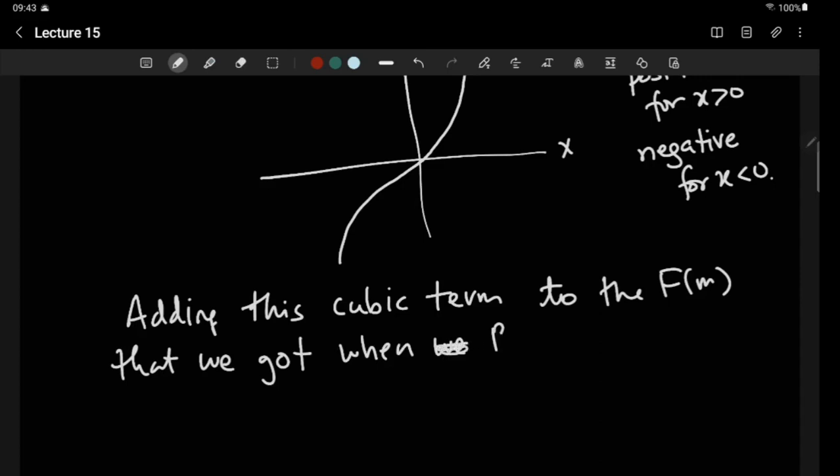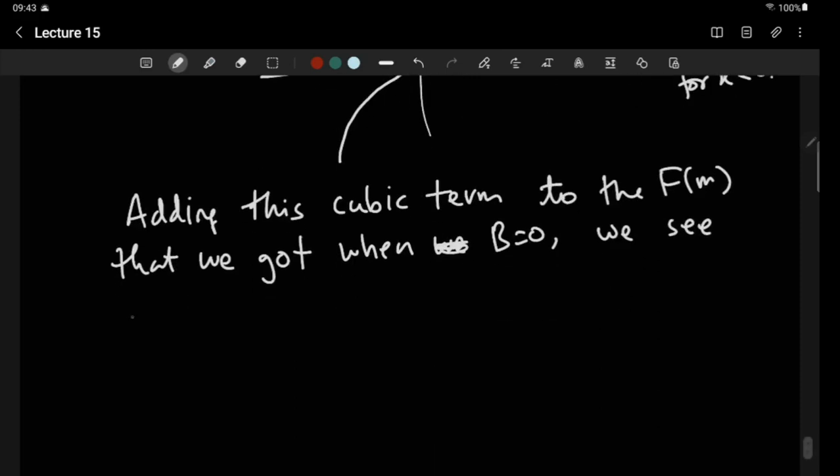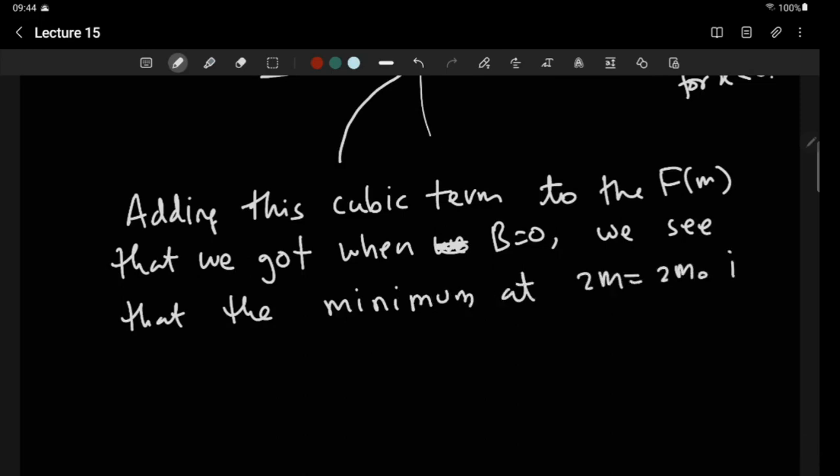to the f of m that we got when b was 0, we see that the minimum at m equal to m naught is pushed up.